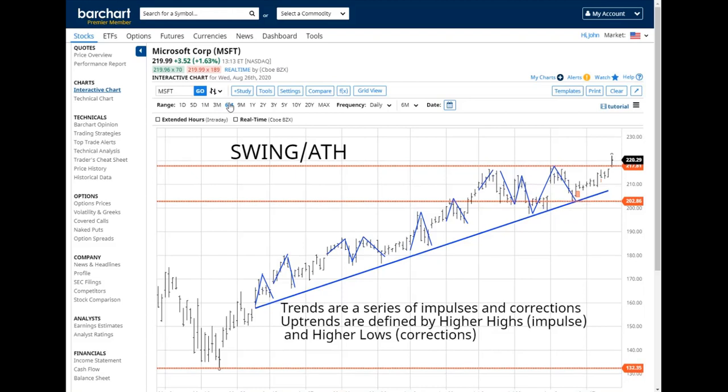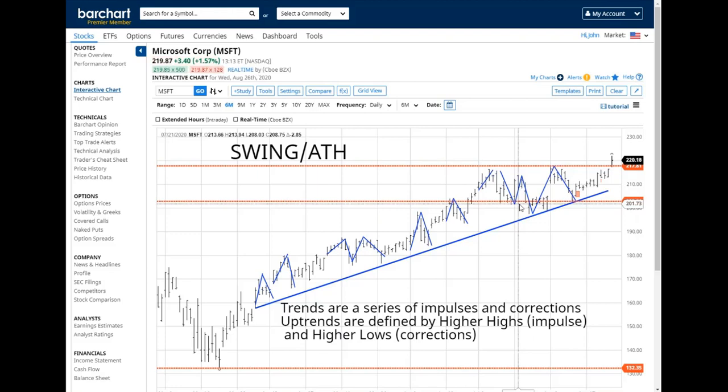What is my trend? When we think about the concept of trends, trends are really just a series of impulses and corrections, right? Impulse, correction, impulse, correction. What defines an uptrend is higher highs, impulses, and higher lows, corrections.